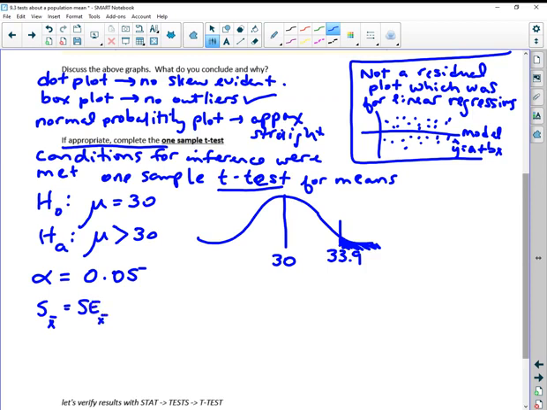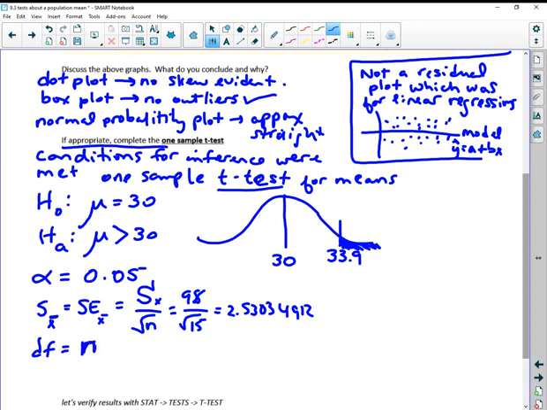Sometimes I use SE for standard error, but both of those, notice the line on top, that's making it different from when I write it like this with no line on top. So I need my standard deviation, 9.8 divided by the square root of 15, and I get 2.530349112.